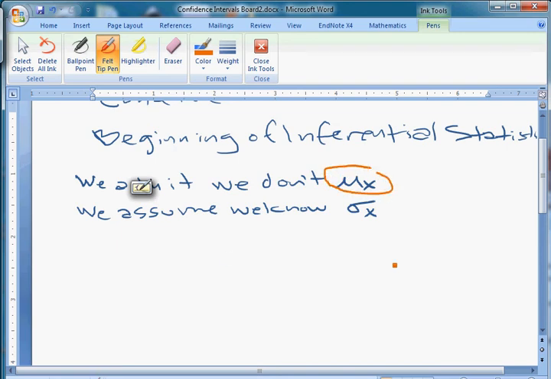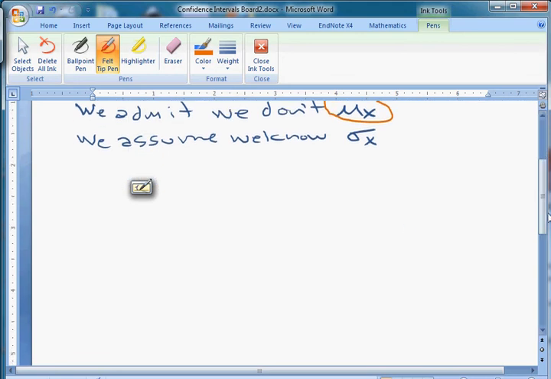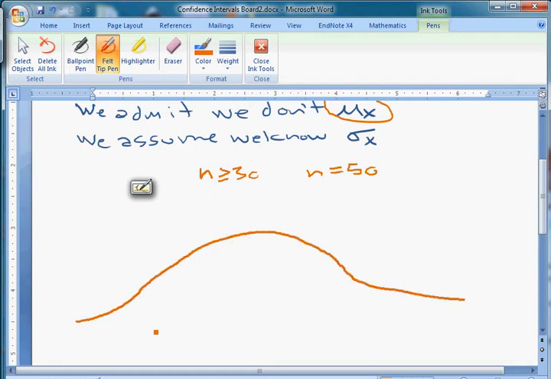What we know is that if we take a sample of any size n greater than or equal to 30, we can just pick one for now, we'll use n as 50, say. If we draw a sample and take a sample mean, that sample mean is going to follow a distribution that looks something like this. That's supposed to be a bell curve. It's close enough.